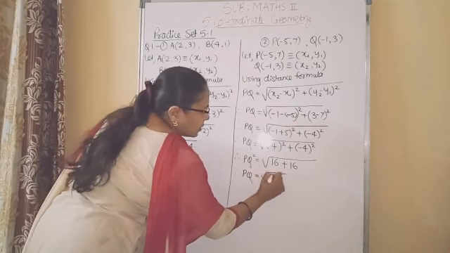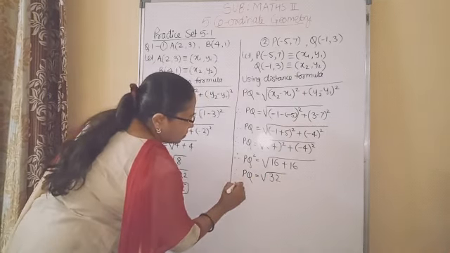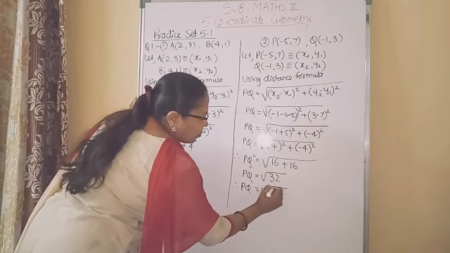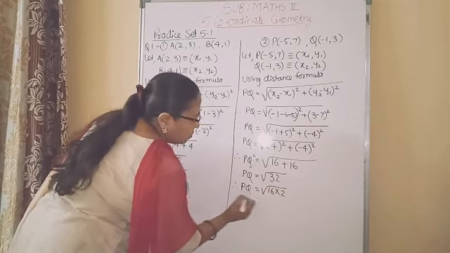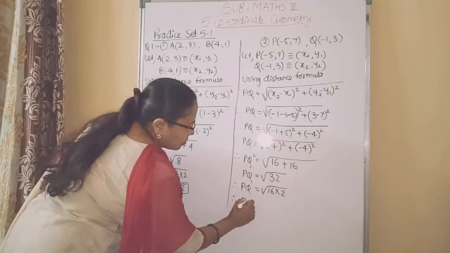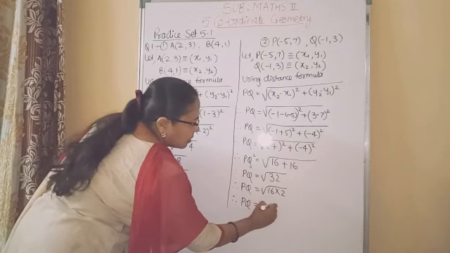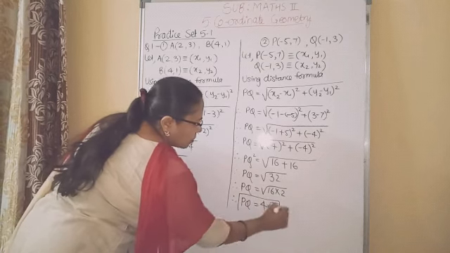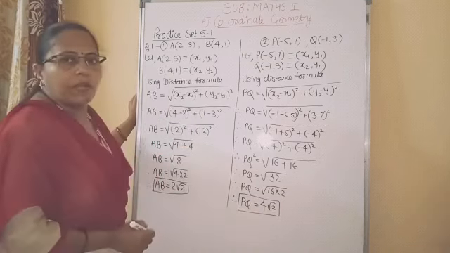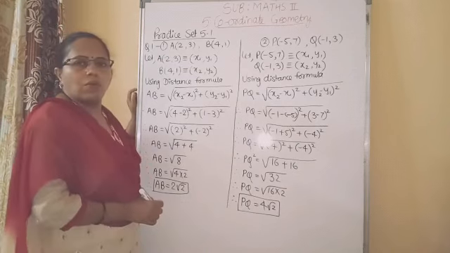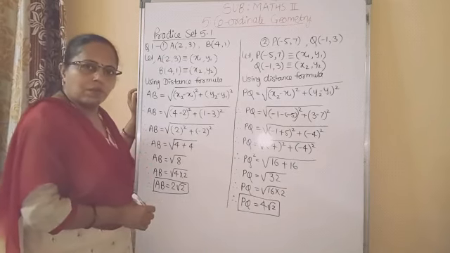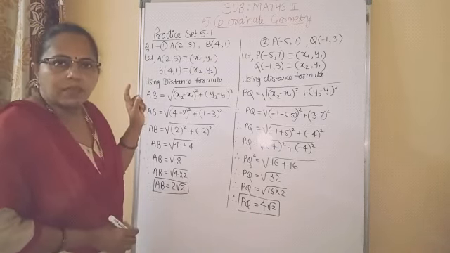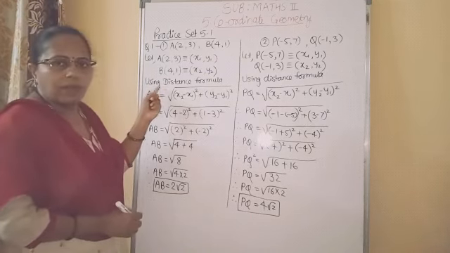So 16 plus 16, 32. Now the factors of 32 are 16 into 2. The square root of 16 is 4, and root 2. So the distance between points P and Q is 4 root 2. Follow how to find out the distance between any two points using the distance formula.